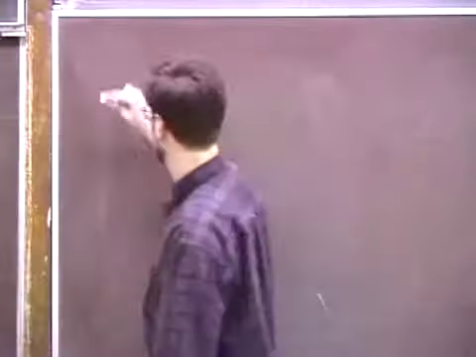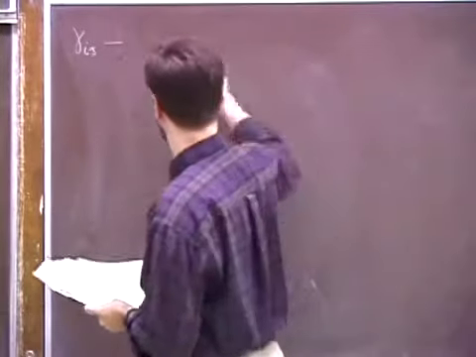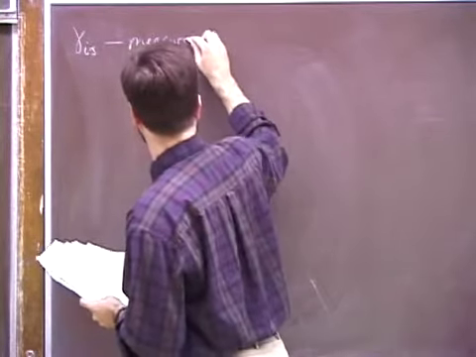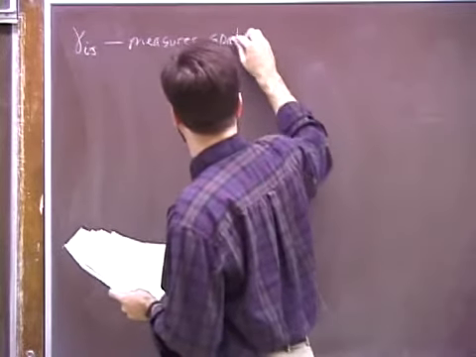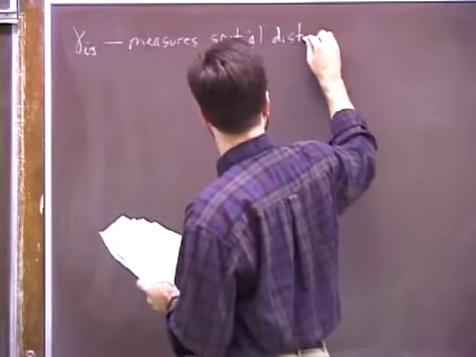So the first thing, because it's the easiest, let's look at what the 3 metric is. The 3 metric measures spatial distance.